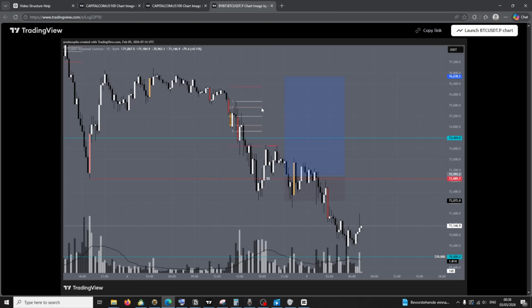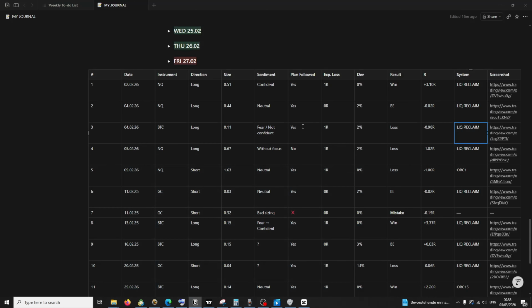So actually this setup did not follow the plan completely. Same setup, liquidity, trying to reclaim, after reclaiming make a market structure break, but it had already made an attempt to push higher, and then I entered the trade. So let's just say this trade didn't follow the plan.